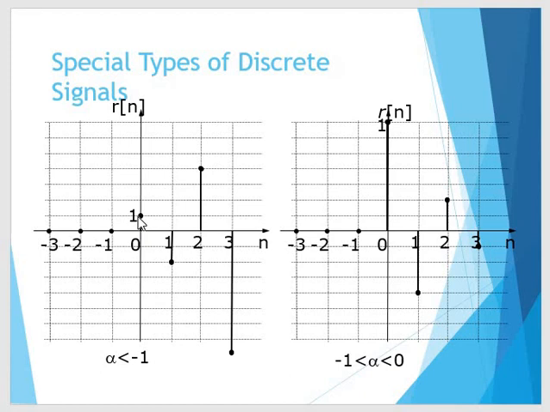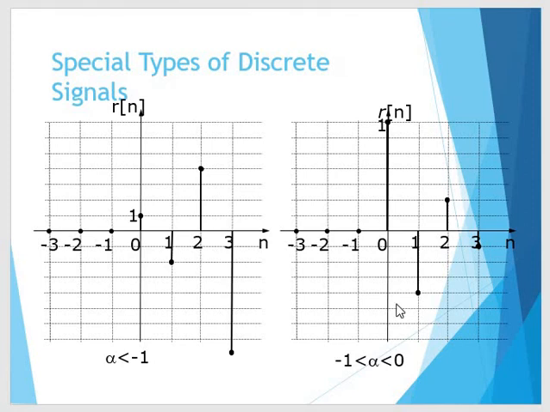Look at this, if I join the values, what is this signal? Inverse damping signal. That means we can say exponentially increasing sinusoidal signal.